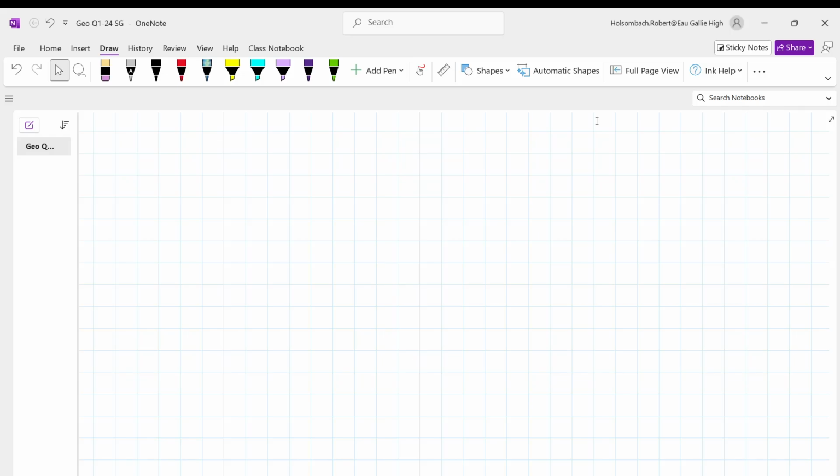Today we're going to be solving equations again, but we're going to be solving equations with infinite solutions and no solutions.